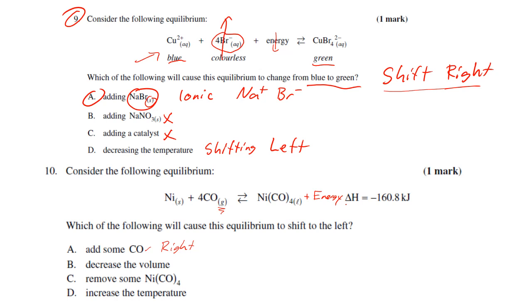And since this one's a gas right here, that'll make that go up, and that'll also make it shift right. Remove some NiCO4. If I remove this, it makes this go down, and that makes it also shift right. And that kind of gives us our answer.